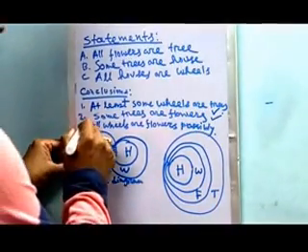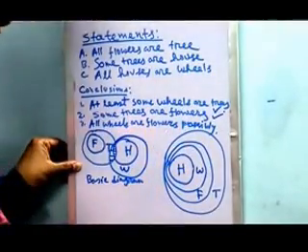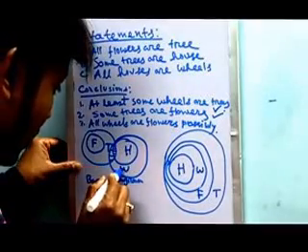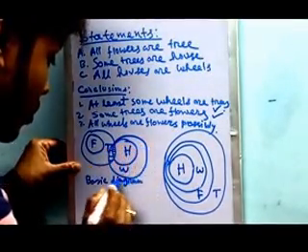Now let's come to the third conclusion. All wheels are flowers, possibly. From the basic diagram we see that this one is the wheel section.